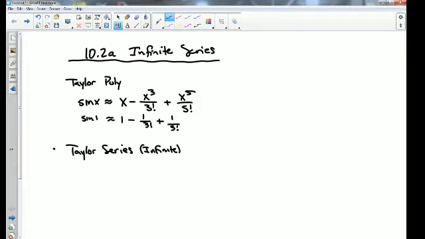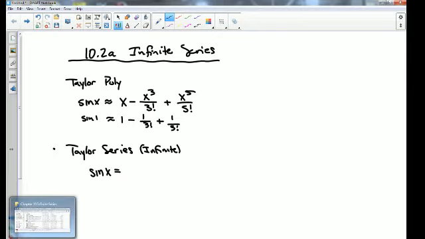We'll say a Taylor polynomial of degree 5, it stops. The Taylor series, notice the equal sign, not the approximate. You're going to go out an infinite number of terms. That means it's going to be exact. There's going to be no remainder and no error.